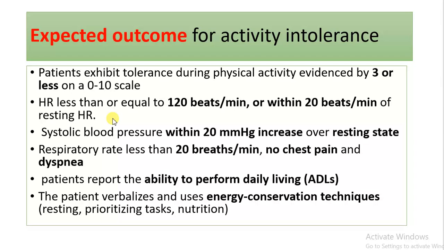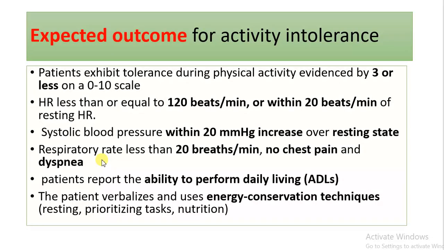Another outcome is systolic blood pressure within 20 millimeters of mercury increase over resting state. Within 20 millimeters of mercury is great, but above it the patients would get syncope and many problems like chest pain, palpitation, and so on. Another outcome is respiratory rate less than 20 breaths per minute, no chest pain, and no dyspnea.